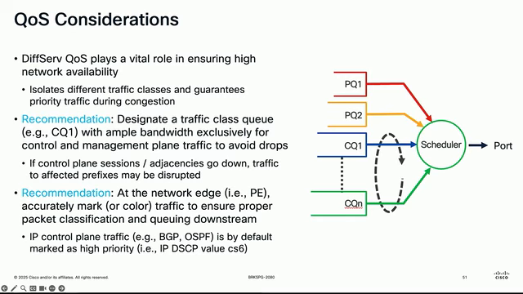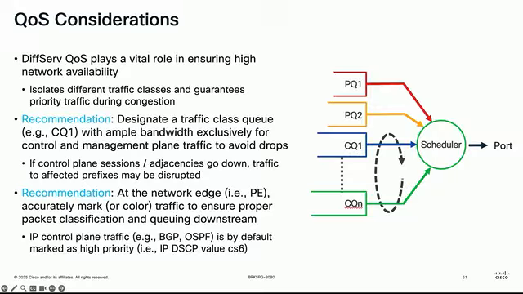So as it relates to QoS, that's the first recommendation, but hand in hand with that is that at the network edge, traffic is marked or colored properly. In that way, it's classified correctly and queued correctly downstream.